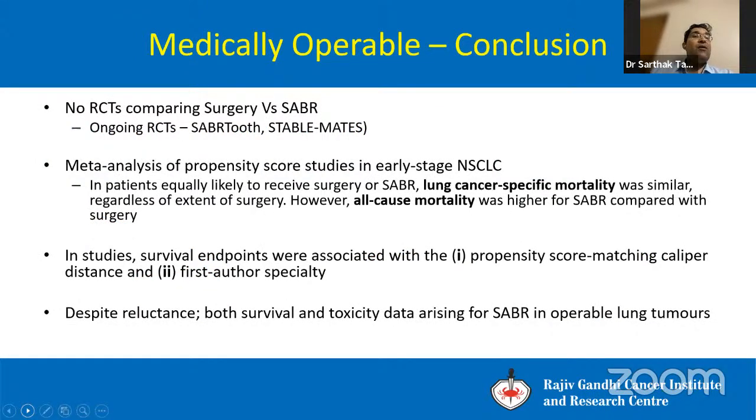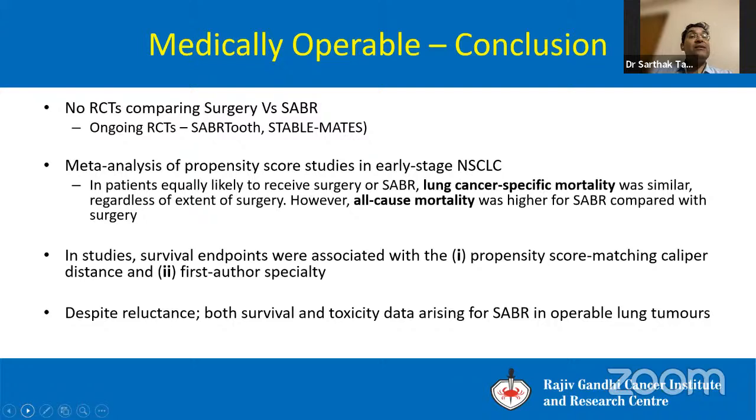So what we know as of now is that there are no RCTs, at least no phase 3 RCT, comparing surgery versus SABR. We need to wait for SABR-2 and STABLE-MATES to answer those questions. We have meta-analyses and propensity scores, which have suggested that SABR is probably at best non-inferior.